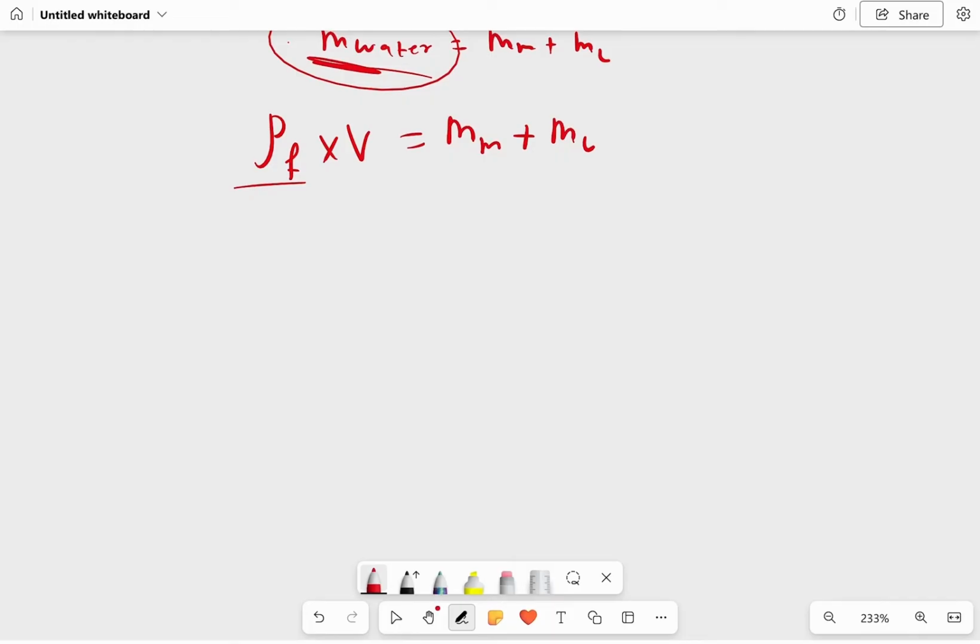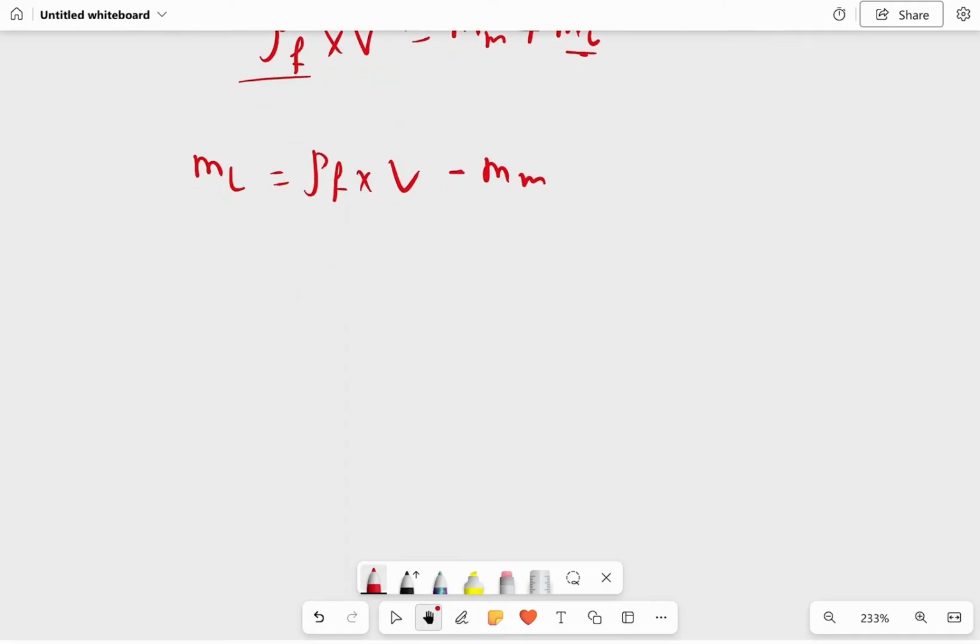Let's rearrange this equation. We need to find this one, so you'll put this one here. You'll have ML, or M load, equal to density of the fluid multiplied by volume minus mass of the mattress.